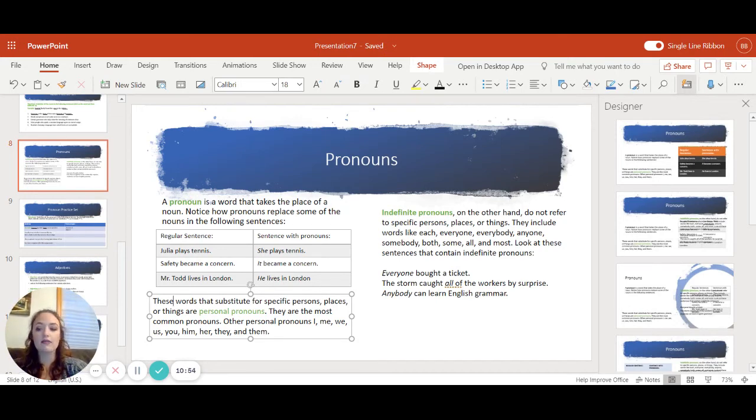Okay? You're not going to name every single person in the school in your sentence. So it's indefinite because there's an indefinite number of everyone, right? The storm caught all of the workers by surprise. Same thing, an indefinite amount of everyone. And then anybody, not specific people, can learn English or grammar, okay?